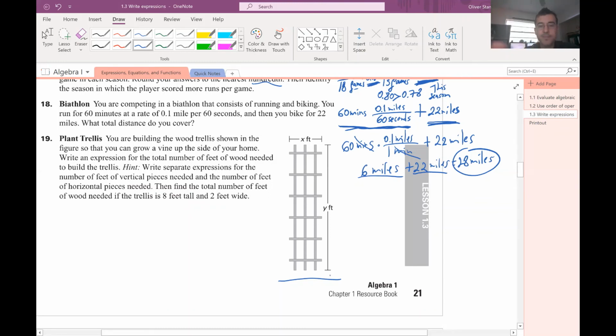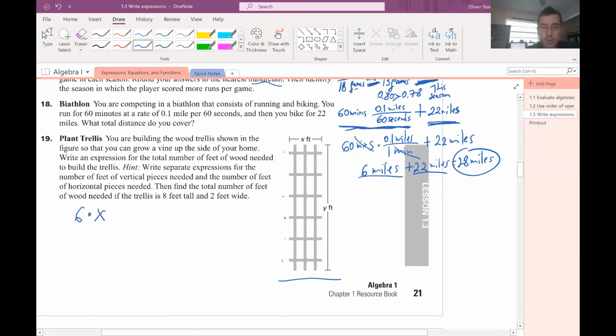All right, so x feet is the length, and how many of these wood bars do we have? You can see here there's 1, 2, 3, 4, 5, 6. So there's six wood bars, so 6 times, and the width is x feet, right?